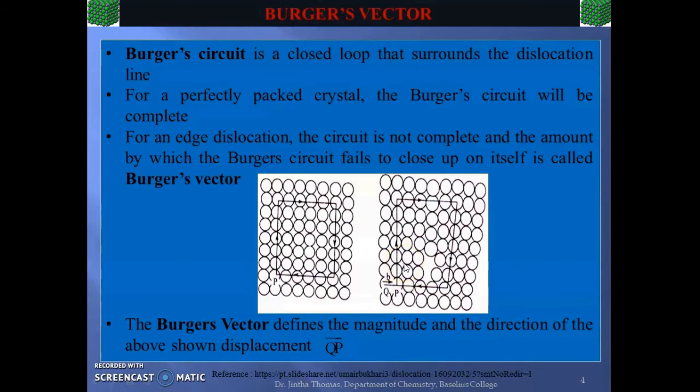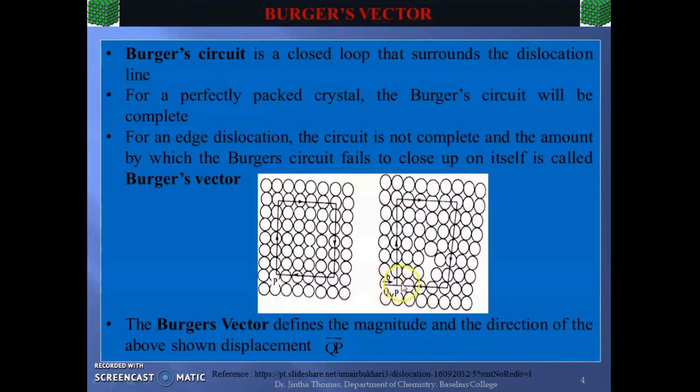So is this loop the same as the other one we had drawn with a perfect crystal? No. Here in the case of this imperfect crystal, the loop is incomplete. Or we can say, for an edge dislocation, the Burger circuit is not complete.